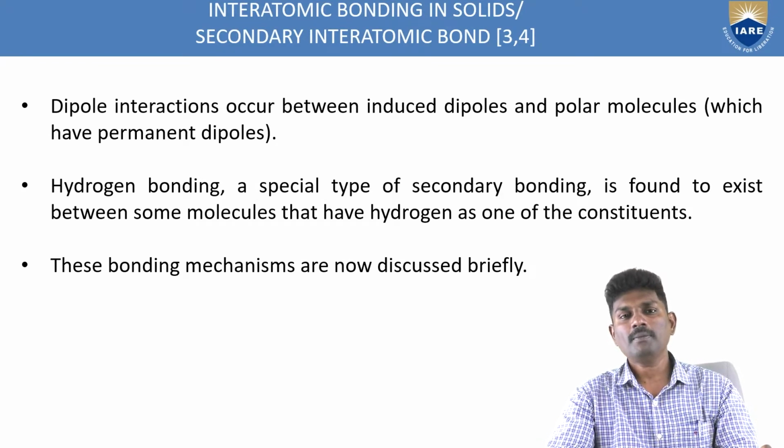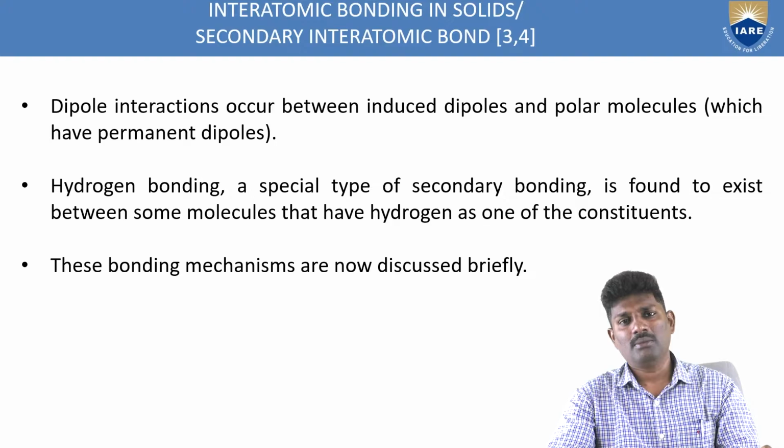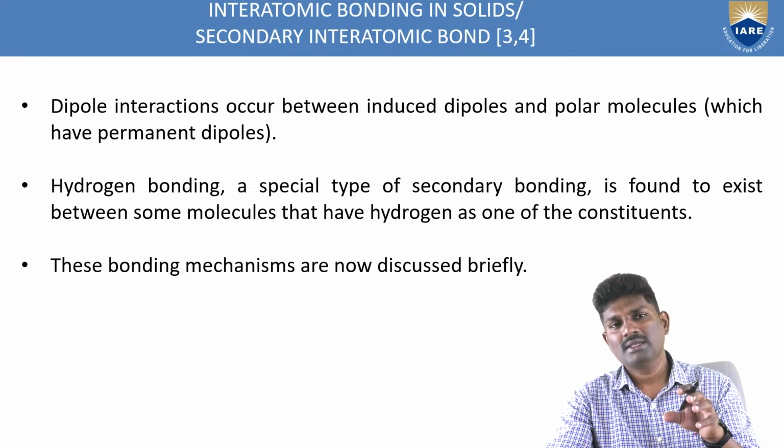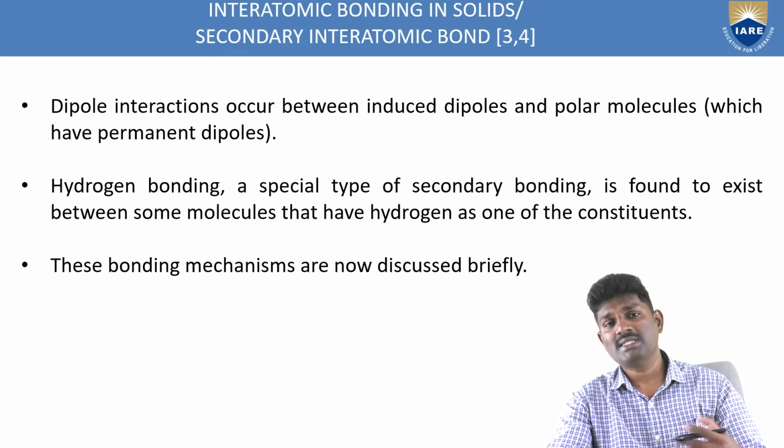Though secondary bonding has very little bonding energy, hydrogen is a good example where, though it is a secondary type of bonding, it has a covalent nature inside.